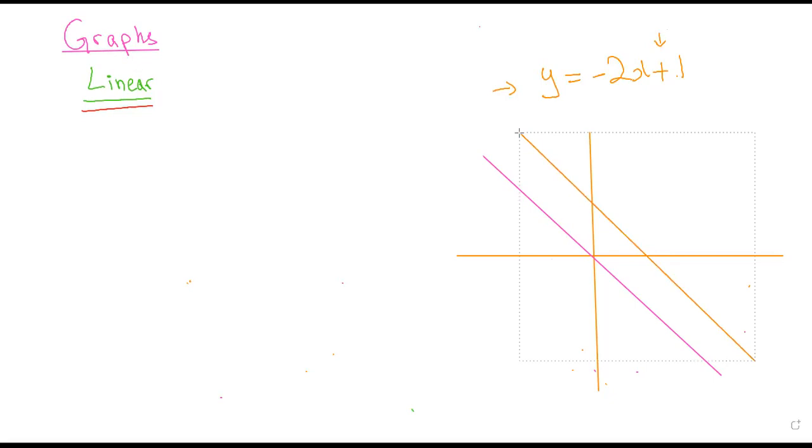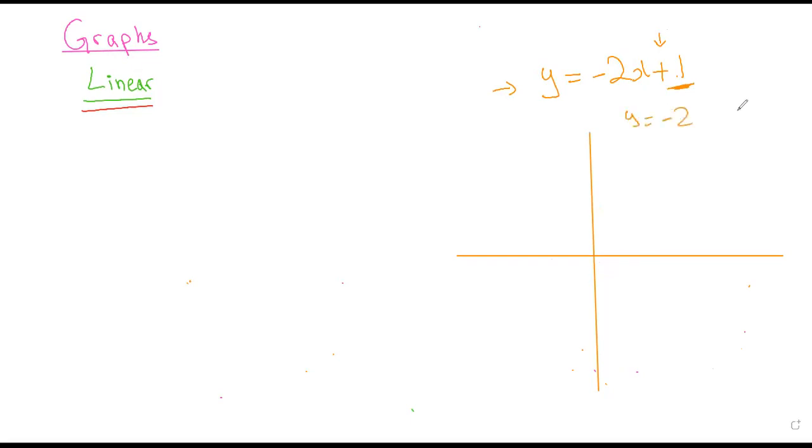Just remember, now I am talking about the new graph. So this is going to be the value of y when x is 0. Isn't it true? What is happening when x is 0? It is 1 because this would be 0. So when x is 0, we follow the y-axis because this is x equals 0.